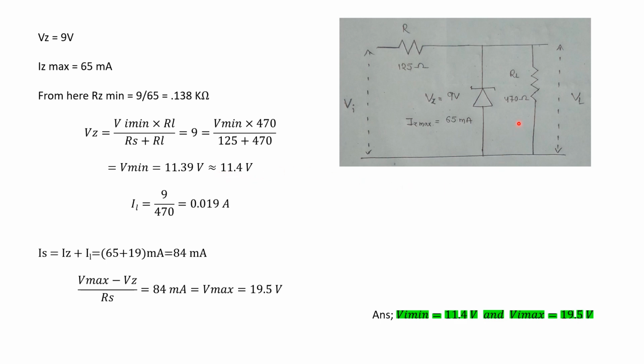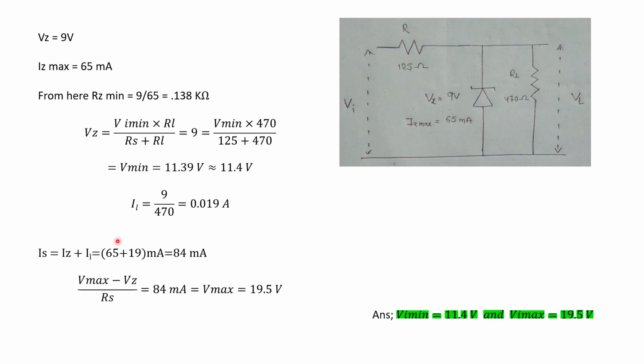And again this IL value, that is the current through this load resistance, will be 9 by 470. So this 9 is the Zener voltage, and 470 is the resistance of this load resistor. So from here we can get that IL is equal to 0.019 ampere.